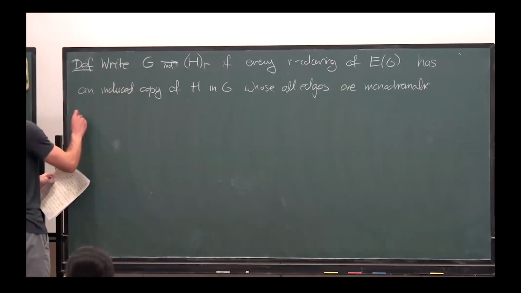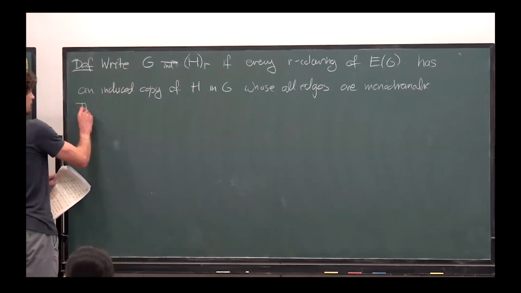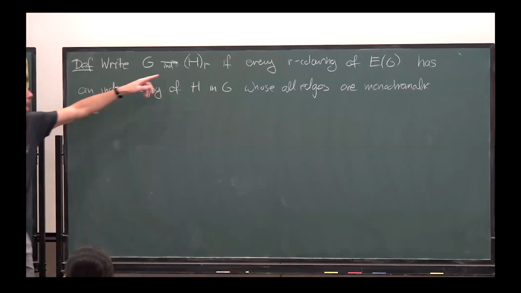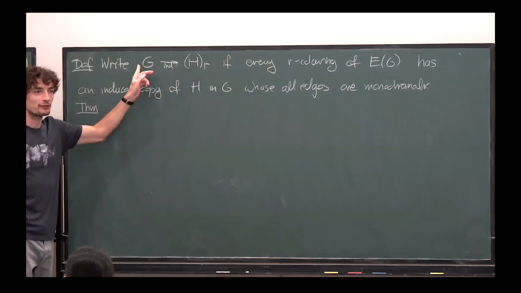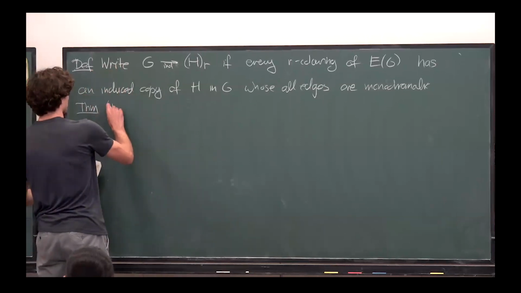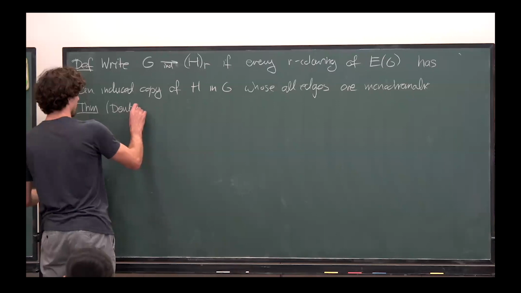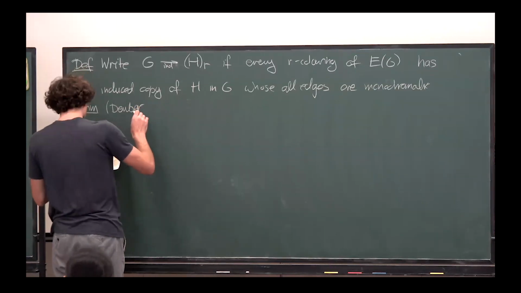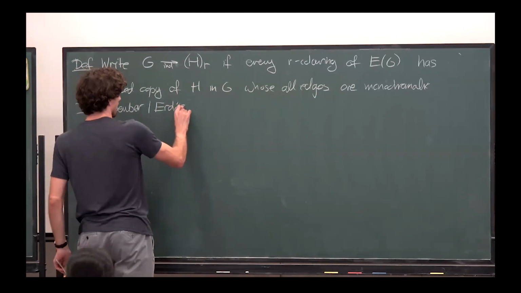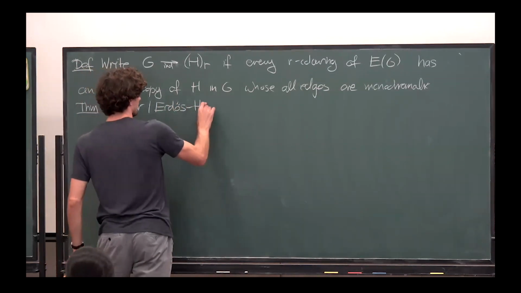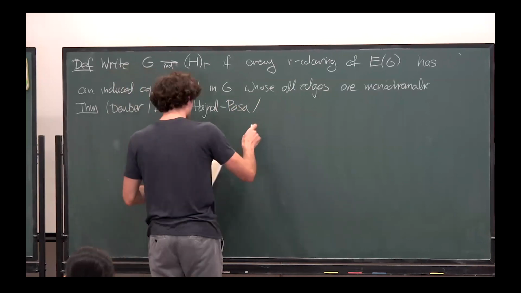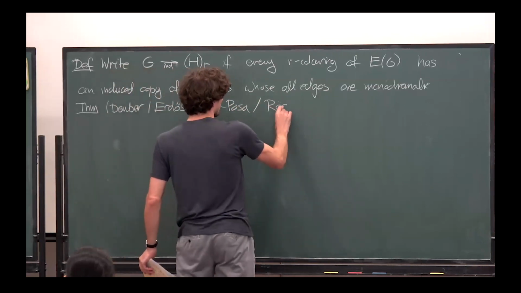Ramsey's theorem was proved in the 20s. And the fact that for every H and r you can find such a graph was proved only in the 70s by Deuber, Erdős, Hajnal, and Pósa, and by Rödl.